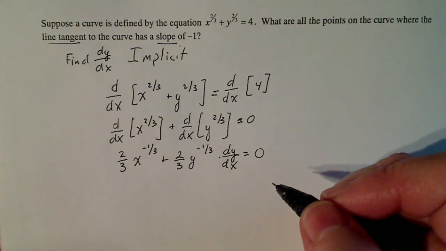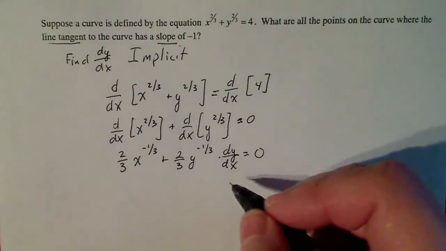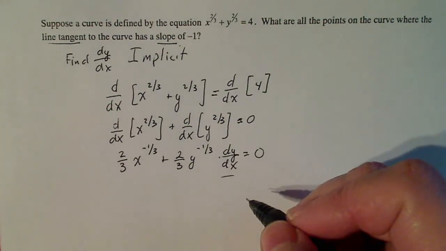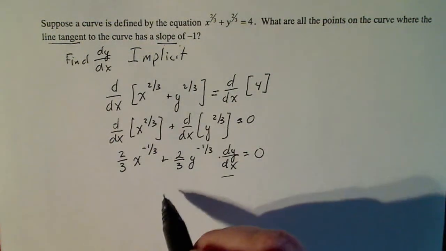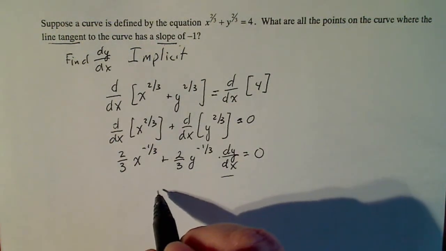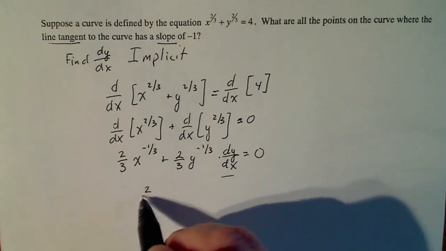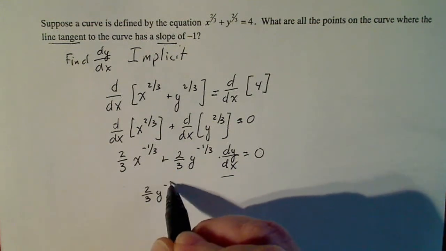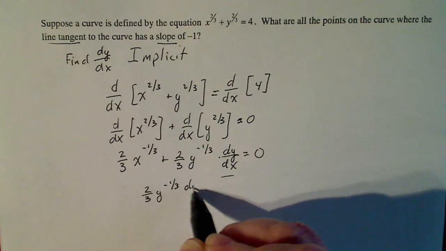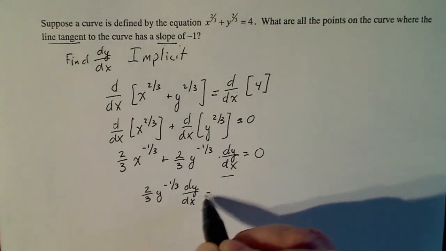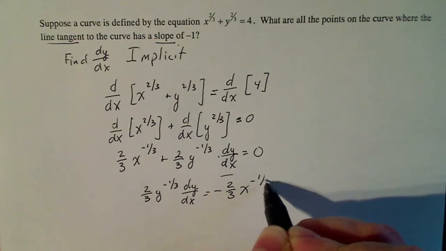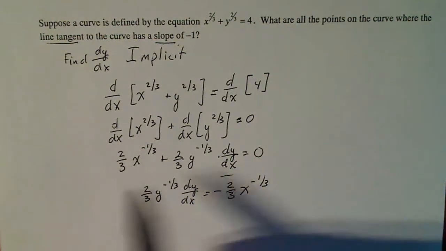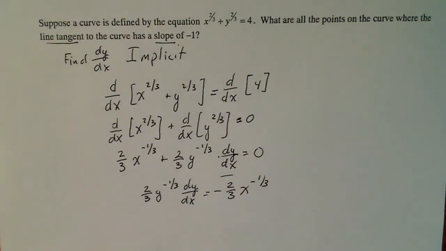But now that we have the derivative done, our goal is to isolate for the dy/dx. Then we have our slope, dy/dx. So to isolate that, I have 2/3 y to the -1/3 dy/dx is equal to -2/3 x to the -1/3 over on the other side. I just subtracted that term from both sides, this guy right here.